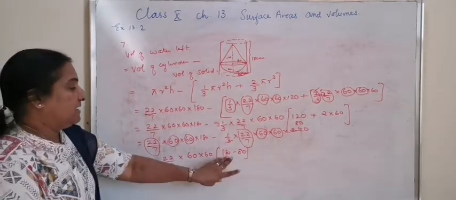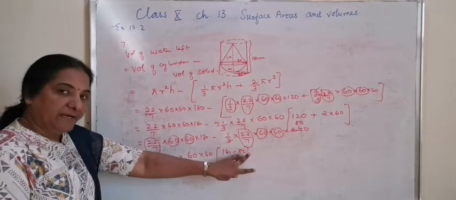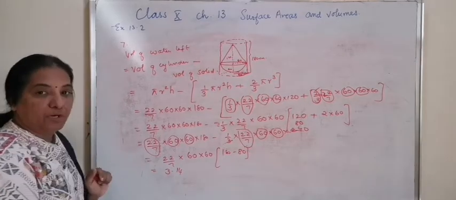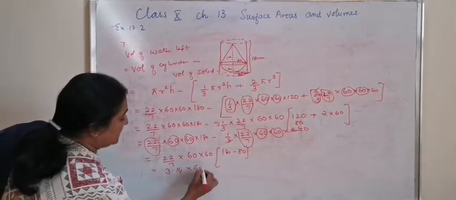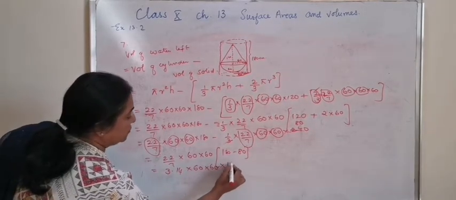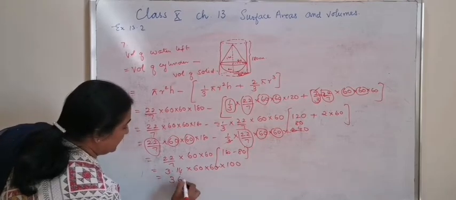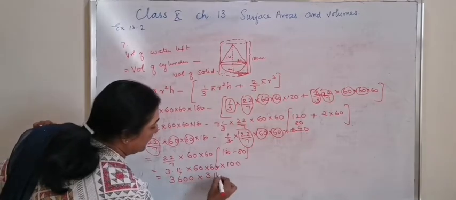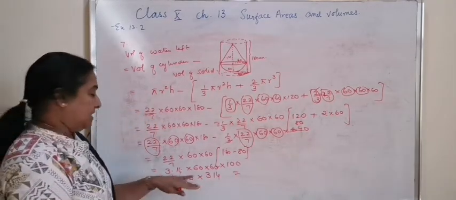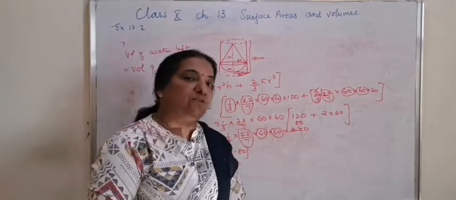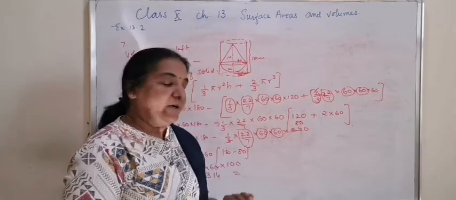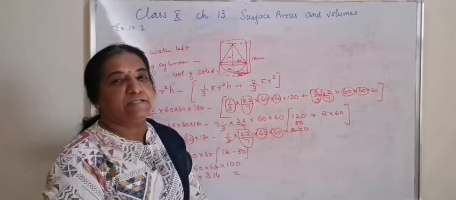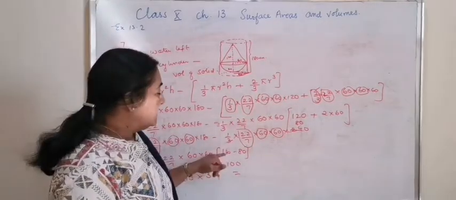Since 180 minus 80 is 100, maybe if you take 22 by 7 as 3.14, the simplification will be simple. 60 into 60 into 100, or 3600 into 3.14 into 100, is 314. Maybe in the exam they will give the value of pi to be taken as 3.14 when numbers like 100, that is multiples of 10, are applied in the question.